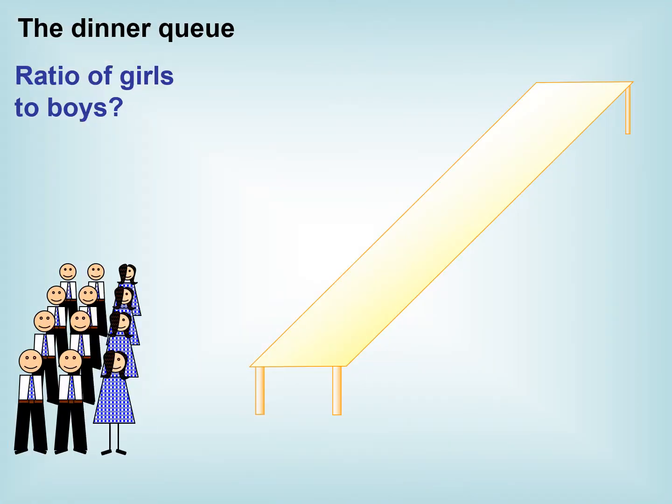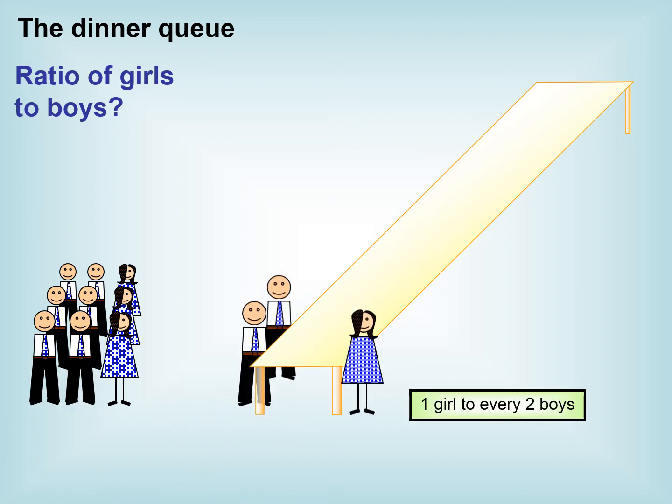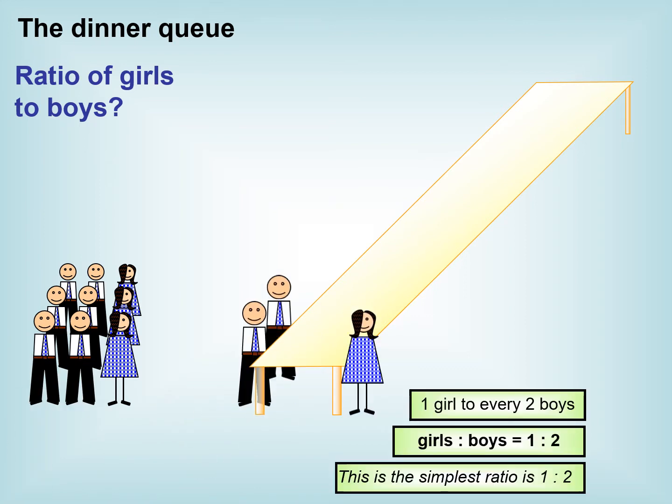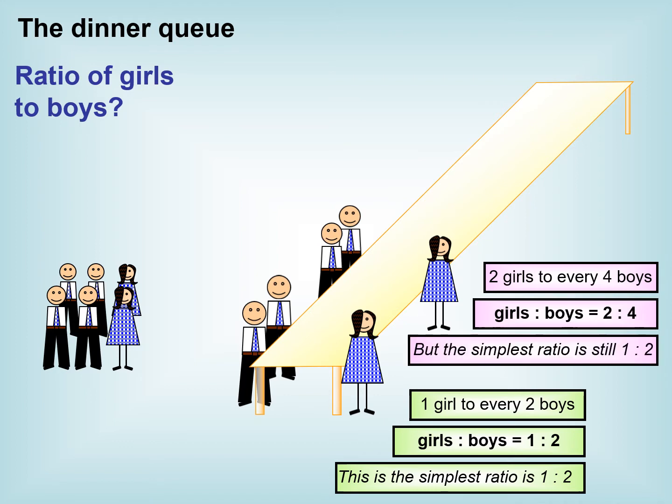Let us have an example, the dinner queue. When you're going to the restaurant, you have your queue, yes? First we have the ratio of girls to boys. In every one girl, there are two boys, so we have 1:2. In every two girls, we have four boys, 2:4 or still 1:2.